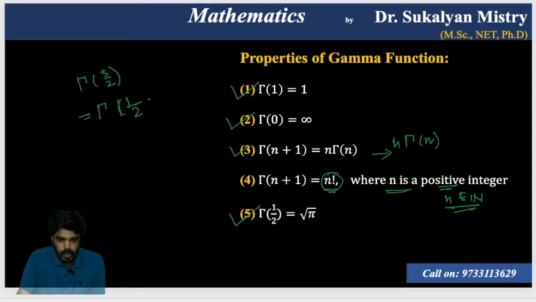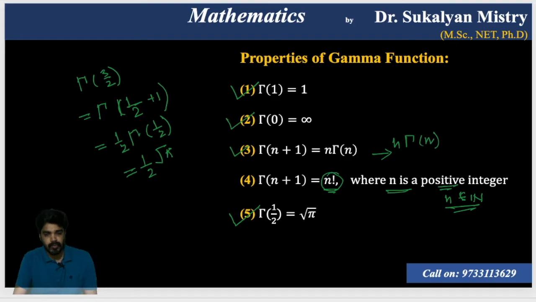Gamma(n plus 1) is n gamma(n), so that is 1 by 2 gamma(1/2). We know that gamma(1/2) is root pi, so that is 1 by 2 root pi. So, the value of gamma(3/2) will be root pi by 2.